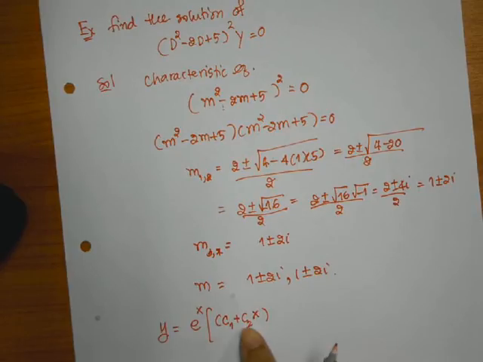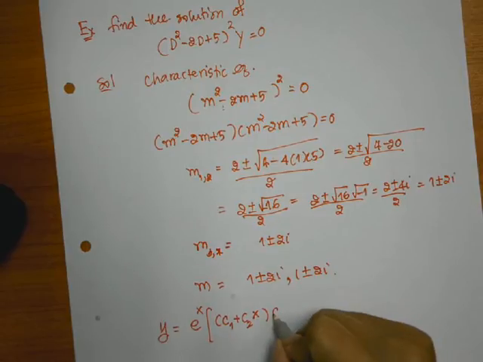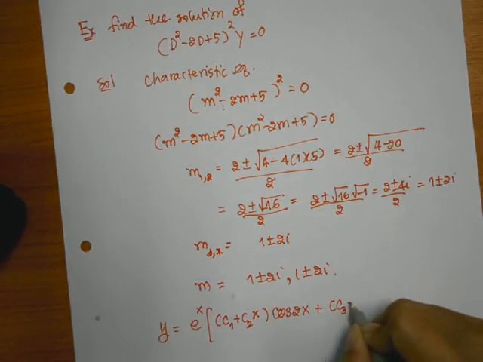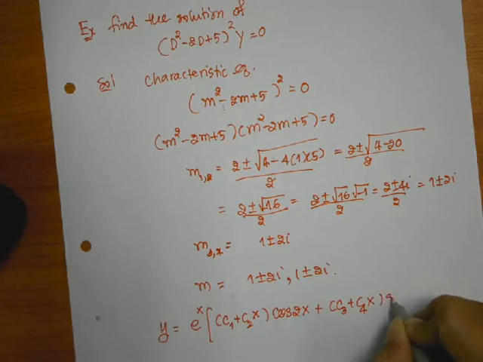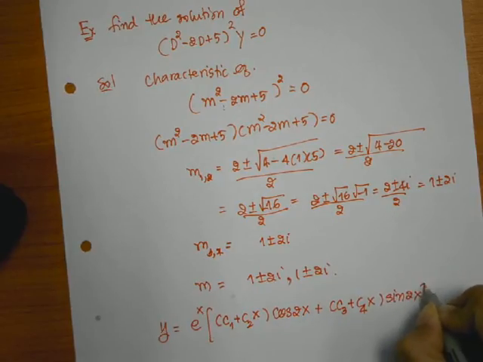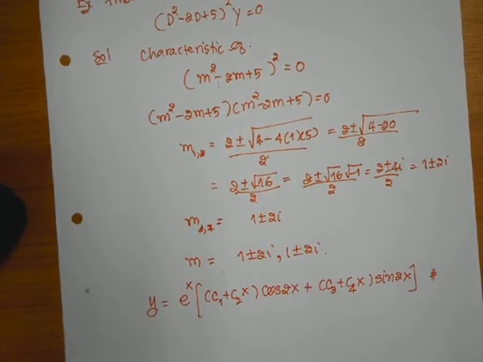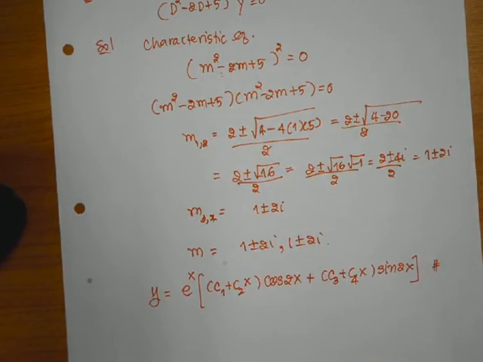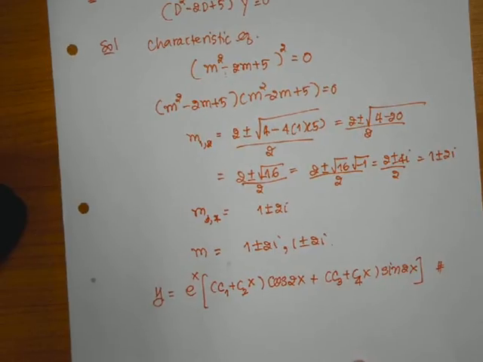So you would end up with C2x. That is called a repeated complex root.